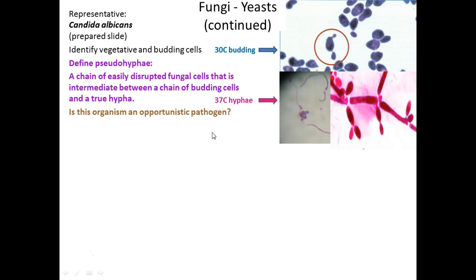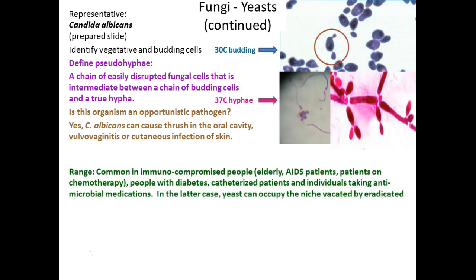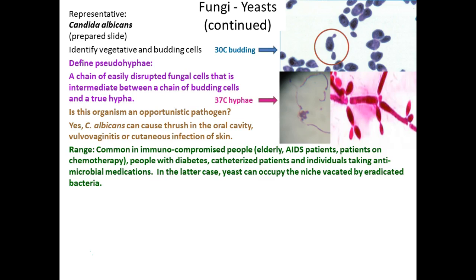Is this organism an opportunistic pathogen? Yes, this is the one that commonly causes for women what we call yeast infections of the vulva or the vagina. Can also cause oral cavity infections, commonly referred to as thrush. Can also cause infections of the skin. This is more common in people who have compromised immune systems, right?